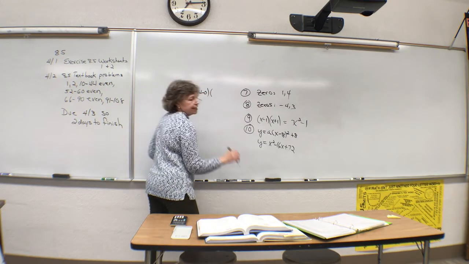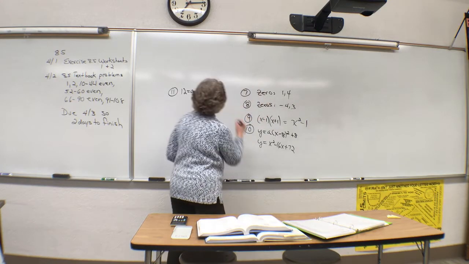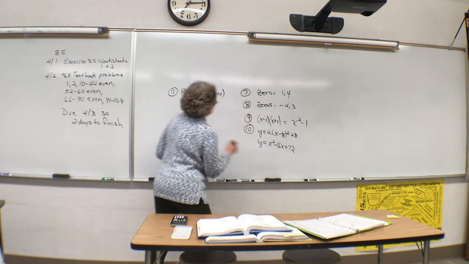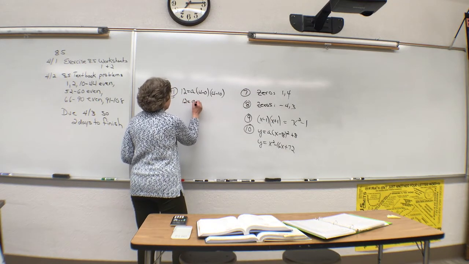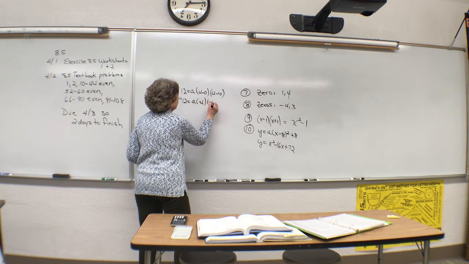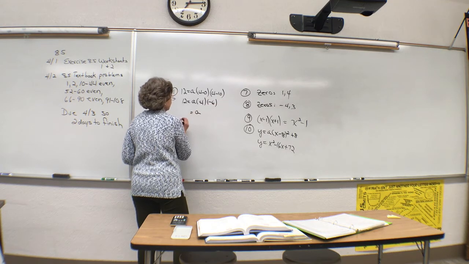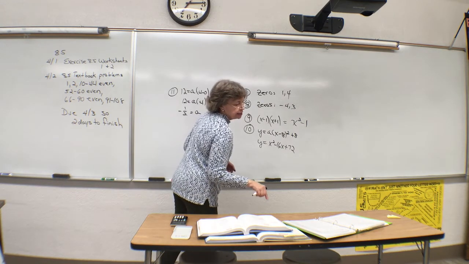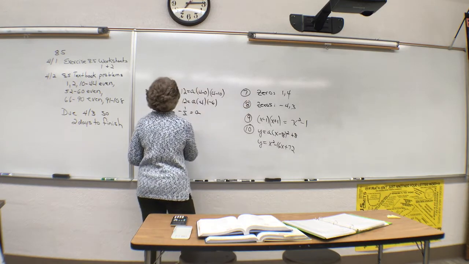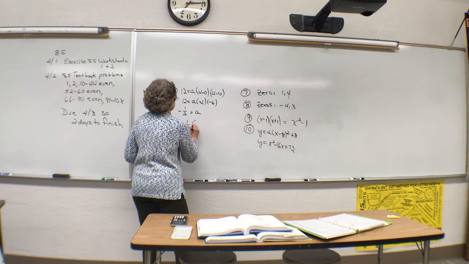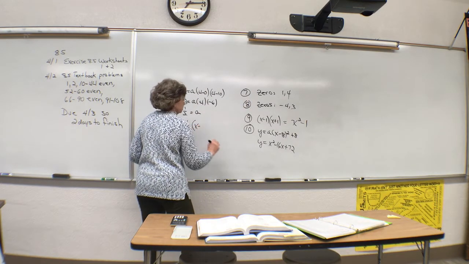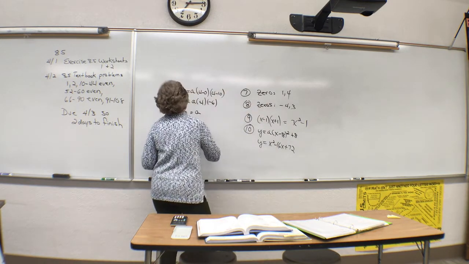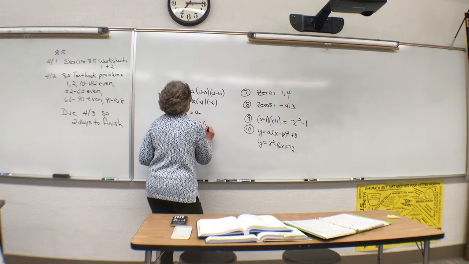I'm going to replace it with the x, and 4 minus 10, and then solving, so 12 equals a times 4 times negative 6, so a is negative 1/2, and so then my equation is negative 1/2 times x, because x minus 0 is x, times x minus 10.